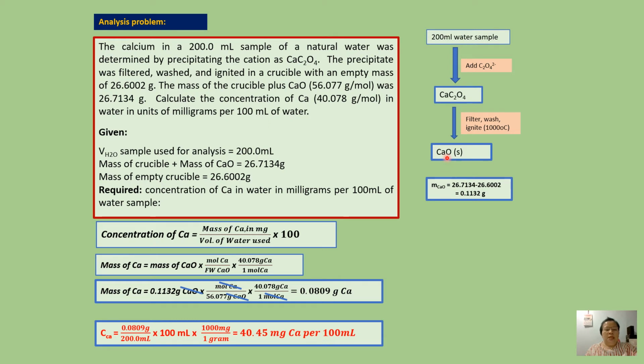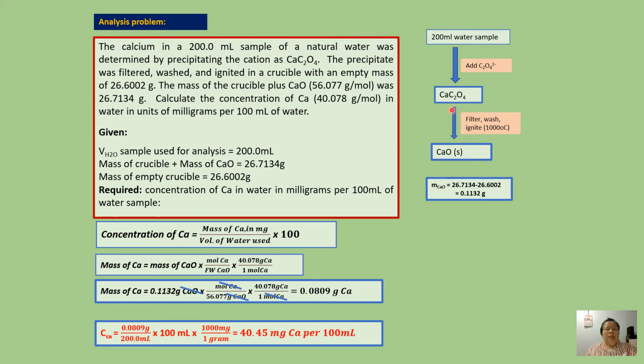Now, what do you think is the temperature setting of our furnace so that this calcium oxalate can be converted to calcium oxide? Since the calcium oxalate was converted to calcium oxide, the temperature setting of our furnace is 1000 degrees Celsius.